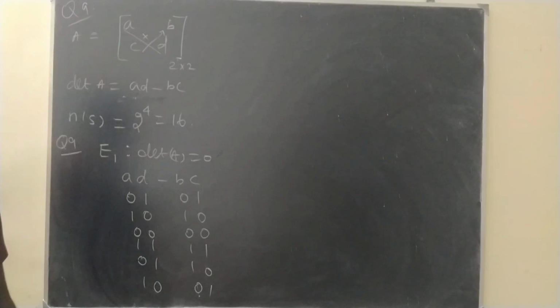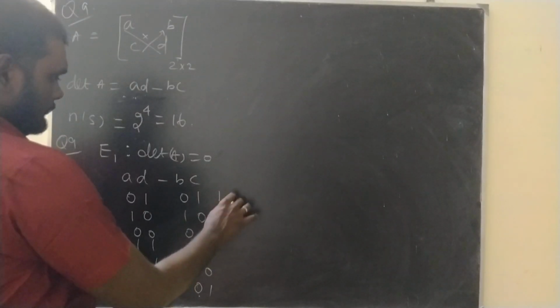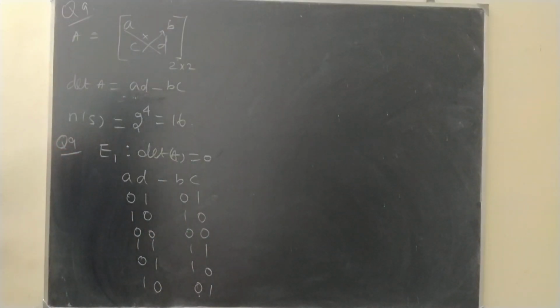Any other possibilities we have? No. Think well and answer. 0 should come either way. How come both are same? 1, 0, this is also 1, 0, that we already wrote.